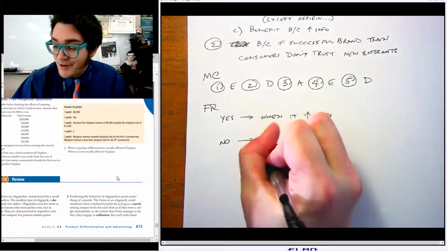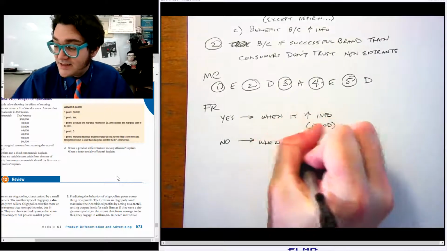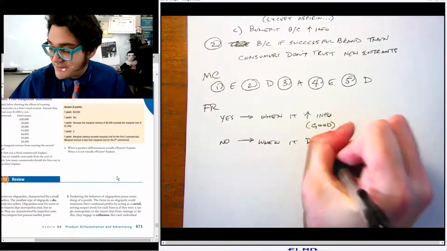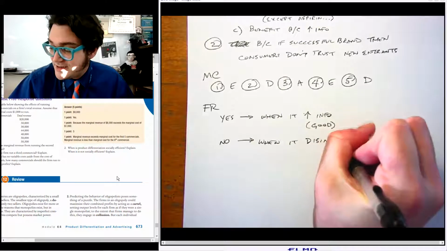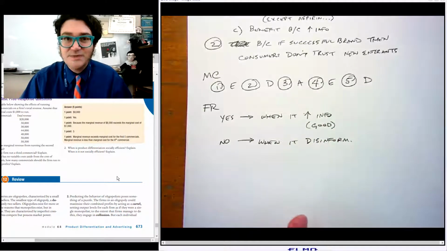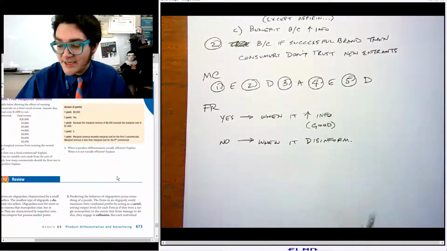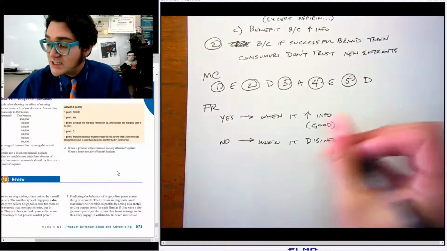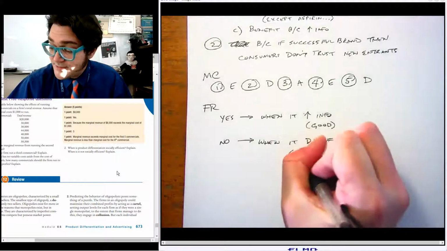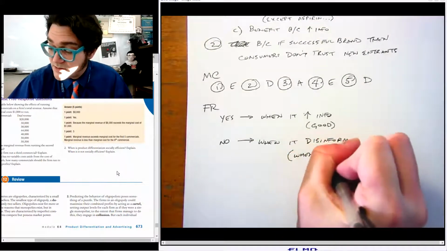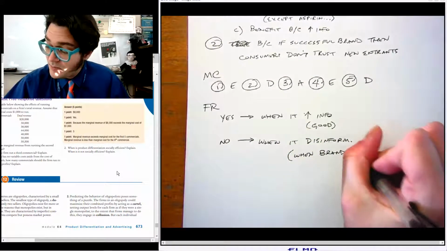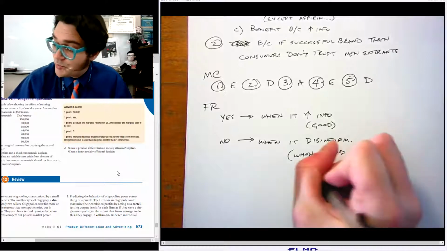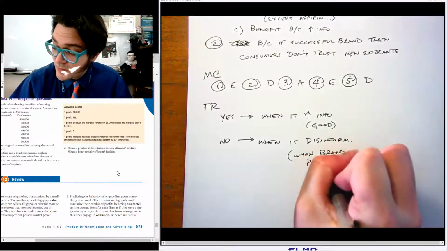No would be when it's disinformation, right? They can sometimes manipulate people, and when it actually reduces good information, that's when it's problematic and less socially efficient. We'd also say it's less efficient when the brand names prevent new firms.